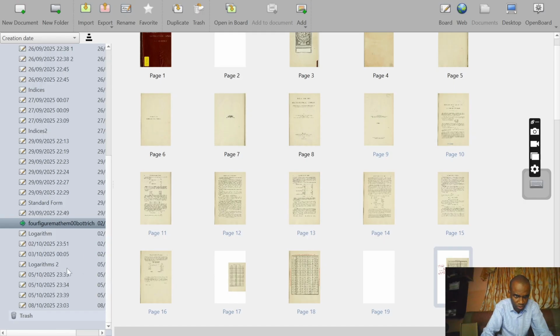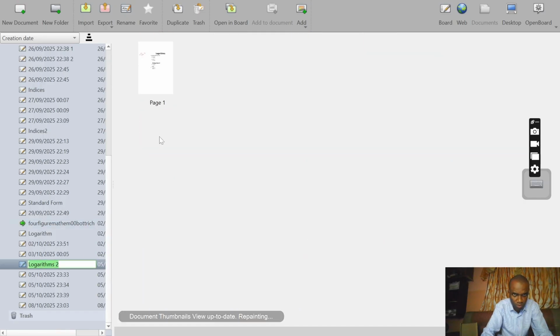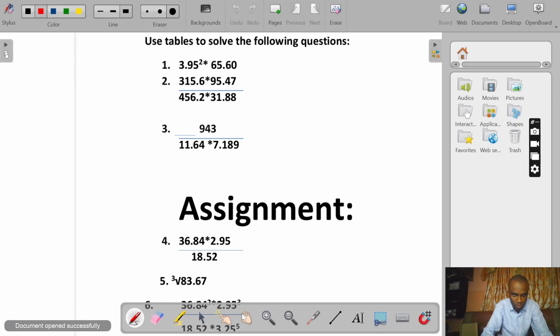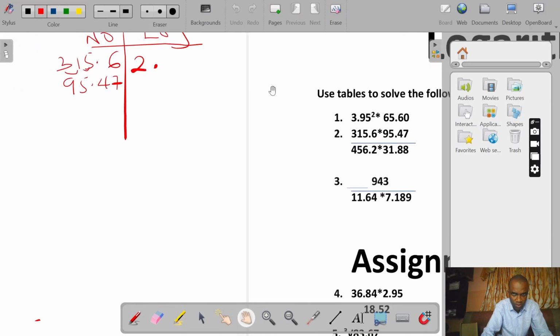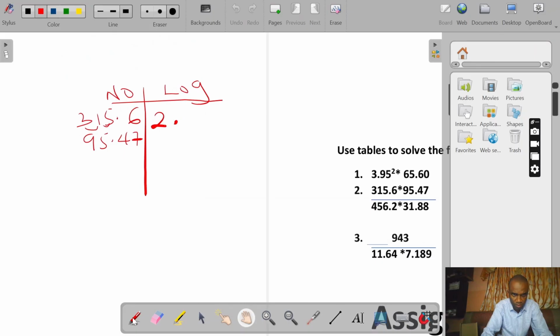So I'll come to my logarithm and write 4991. The second number is 95 under 4 difference 7.